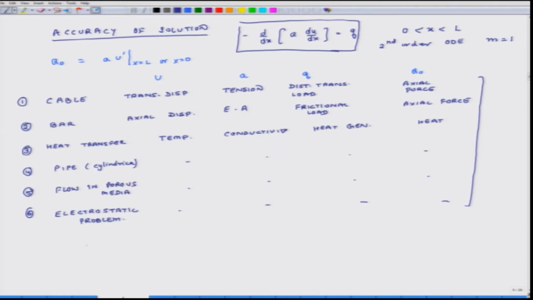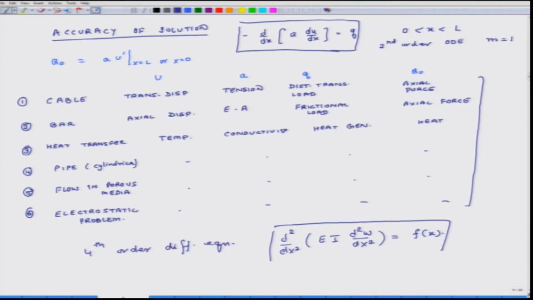Similarly, you have a fourth order differential equation. An example of this could be d2 over dx square of EI d2w over dx square is equal to f of x.